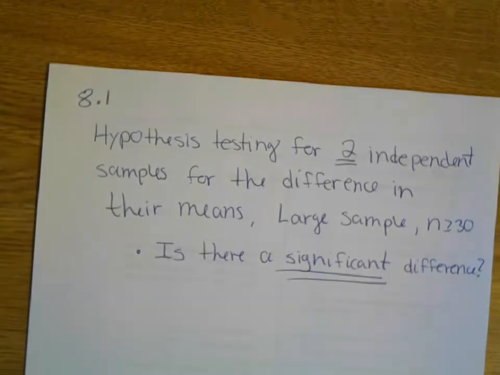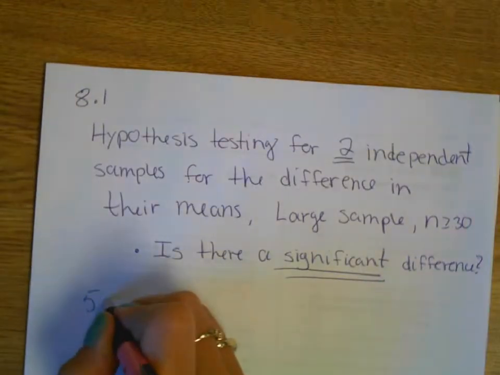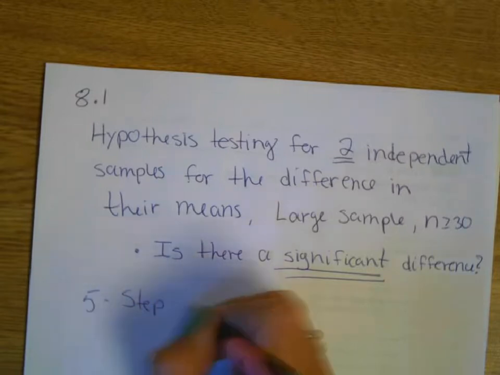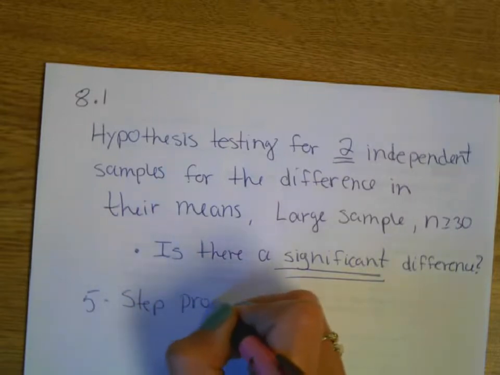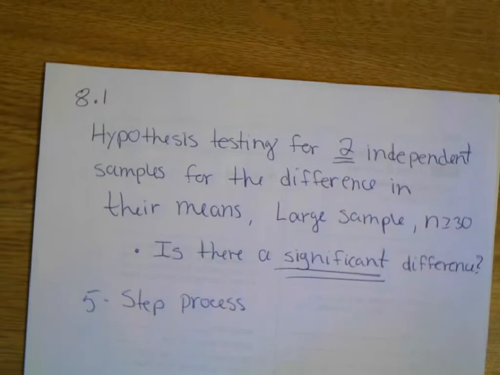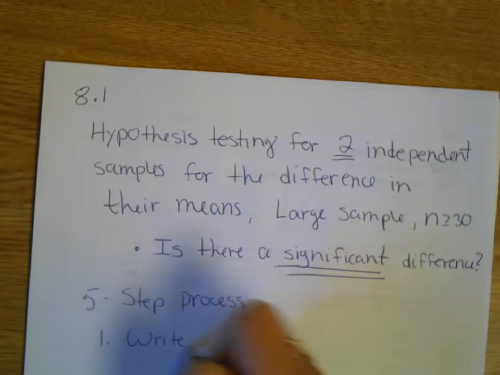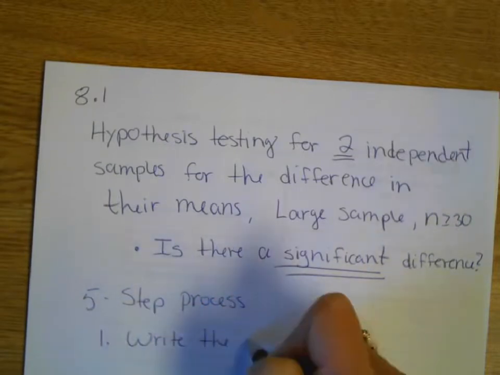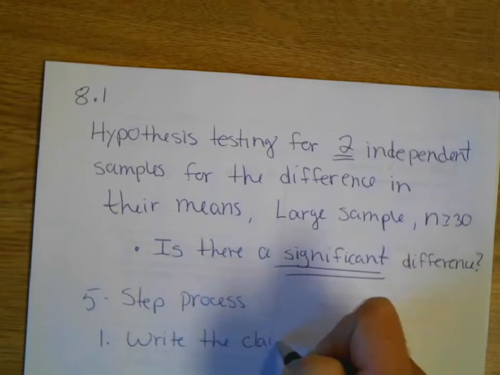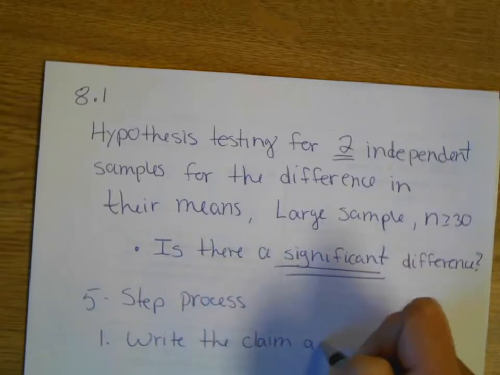So, it's a 5-step process. So you write the claim as a difference.